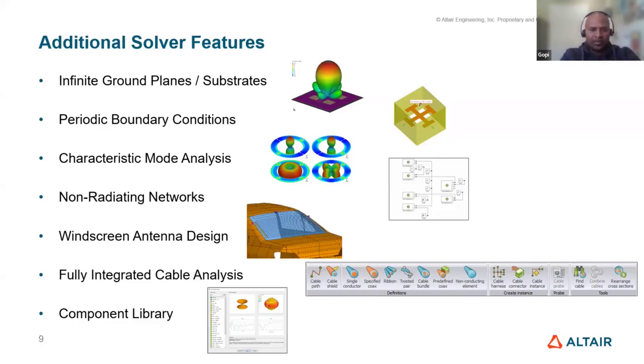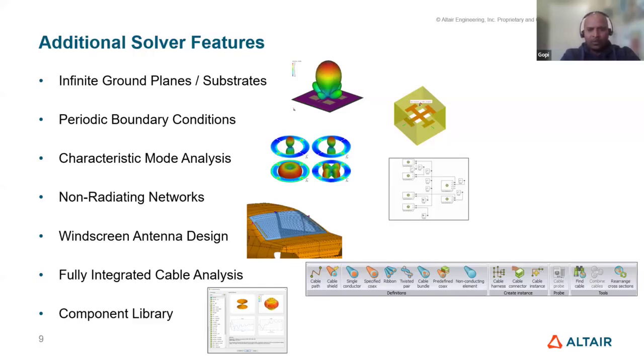And for automotive applications, for designing antennas integrated into a windshield, we have the windscreen antenna feature. And for EMC applications, there is a fully featured cable analysis module integrated into Feko. And the best thing, especially for students, would be the availability of a component library, which is a library of some pre-designed antennas as well as some platforms.